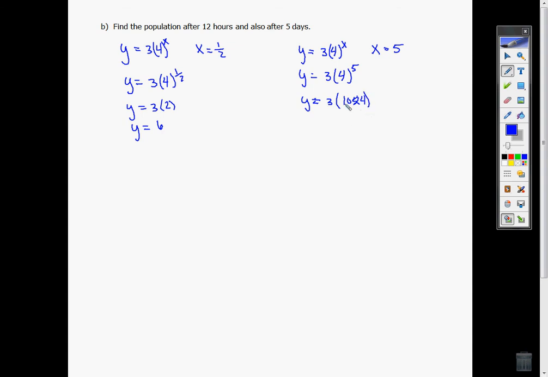Now 3 times 1024, that might be a little bit easier. What you should get is 3072. So what this tells me is that after 12 hours, I have 6 bacteria. After 5 days, I have 3072.